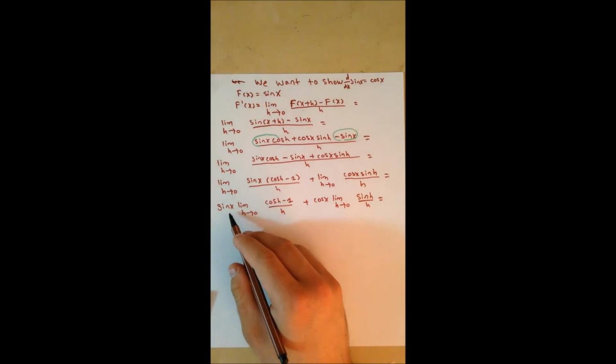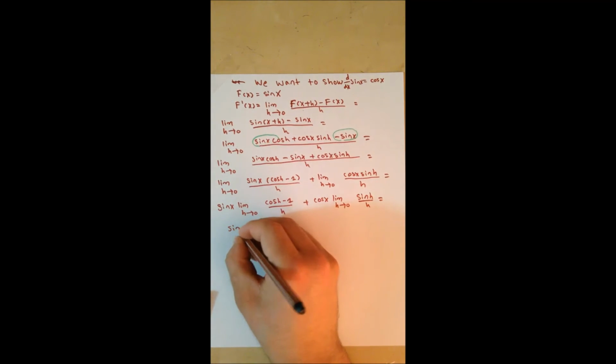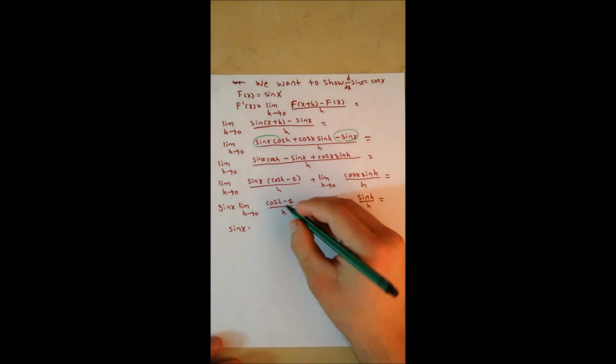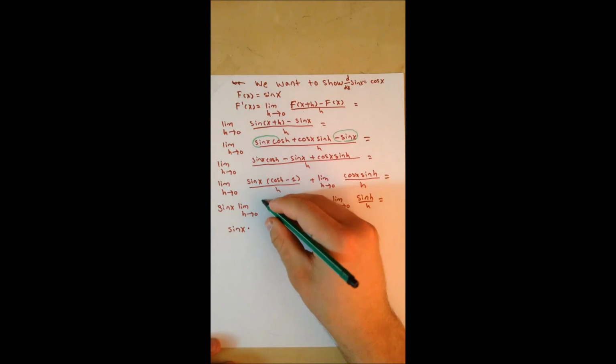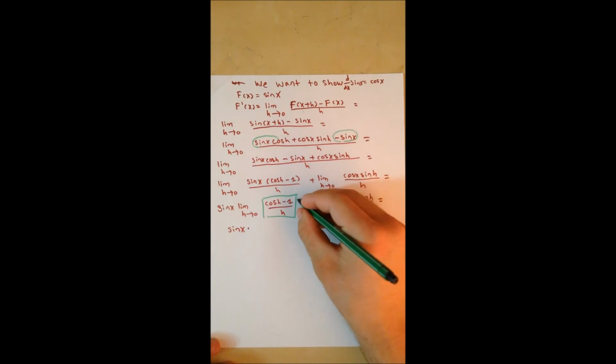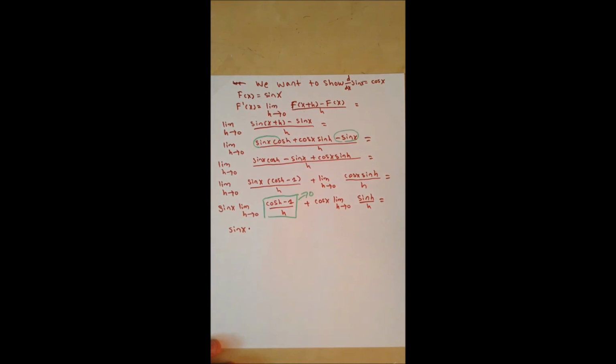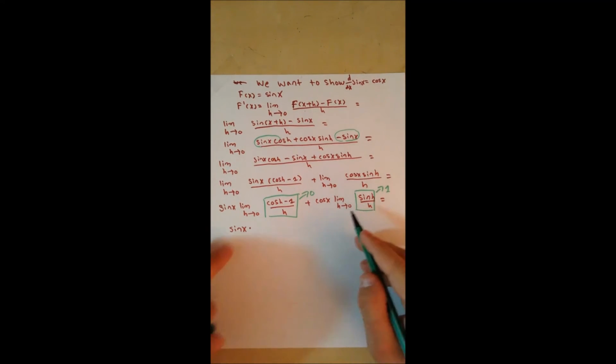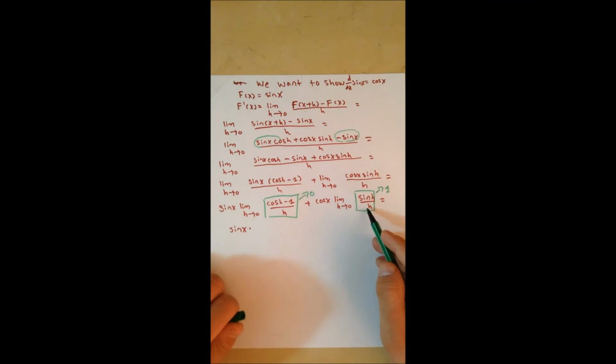And now sine x stays as sine x times the limit of cos h minus 1 over h, which is a special limit, and that goes to 0. And sine h over h goes to 1 as h approaches 0.